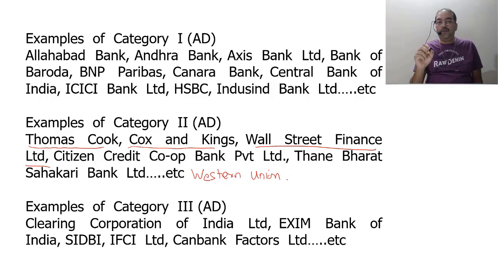All these come under the second category. And in the third category, you have institutions like CCI, Clearing Corporation of India, which normally came into existence for import-export trade, Exim Bank, SIDBI, IFCI, CanBank Factors Limited. So these come under category 3. Any difficulty?